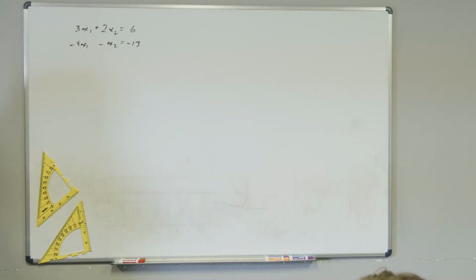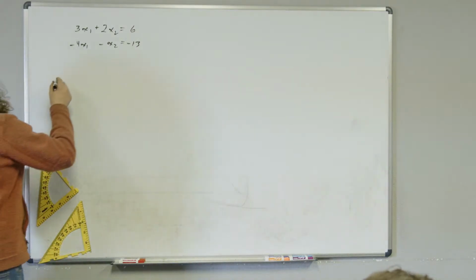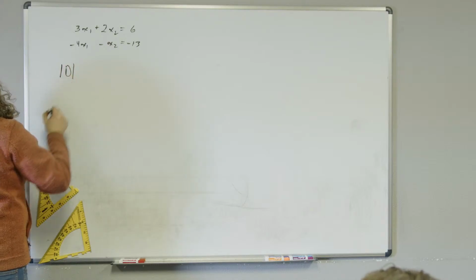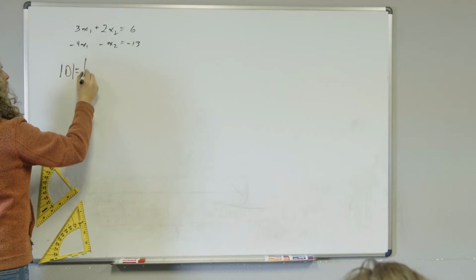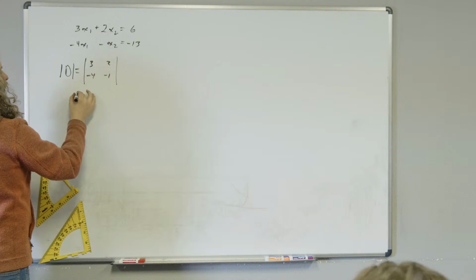We can solve this with elimination or substitution if we want to, of course, but the instructions say solve it using Cramer's rule. So first we have to find the determinant of the coefficient matrix. How do we find the determinant?